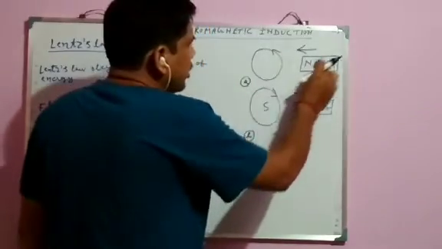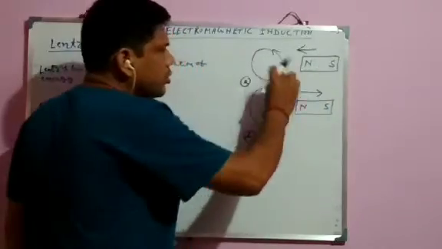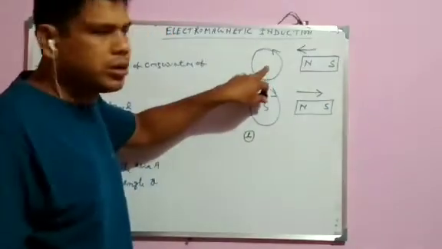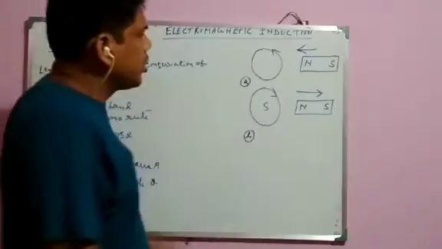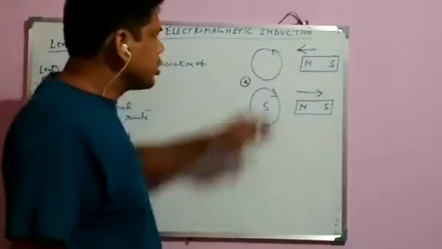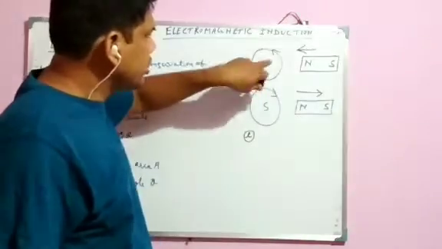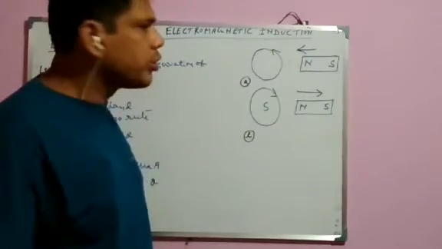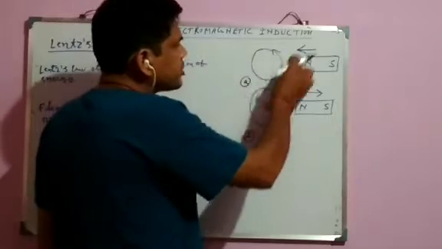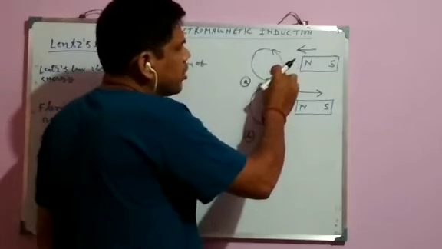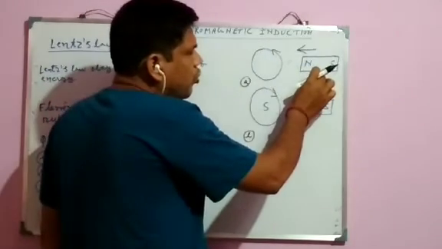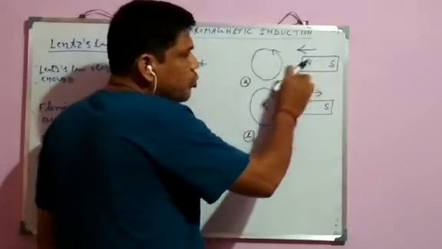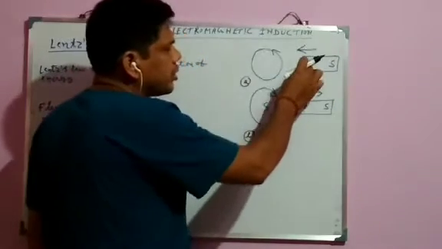Now, when we move this bar magnet towards the coil, we know that one induced current will be produced through this coil. The direction of the current is such that it opposes the movement of this bar magnet.